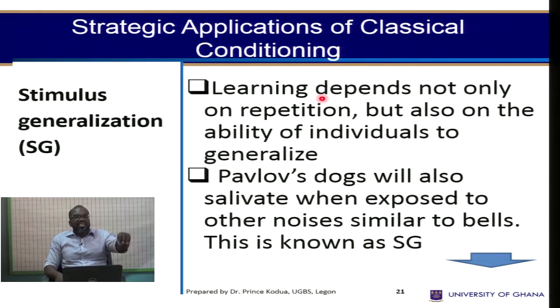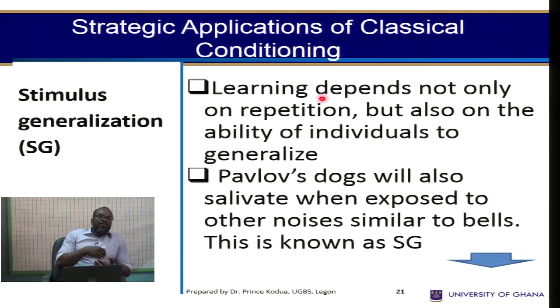In other words, the dangling of keys that sounds like a bell also got the dog to salivate over time. So this led to another strategic application that we refer to as stimulus generalization.